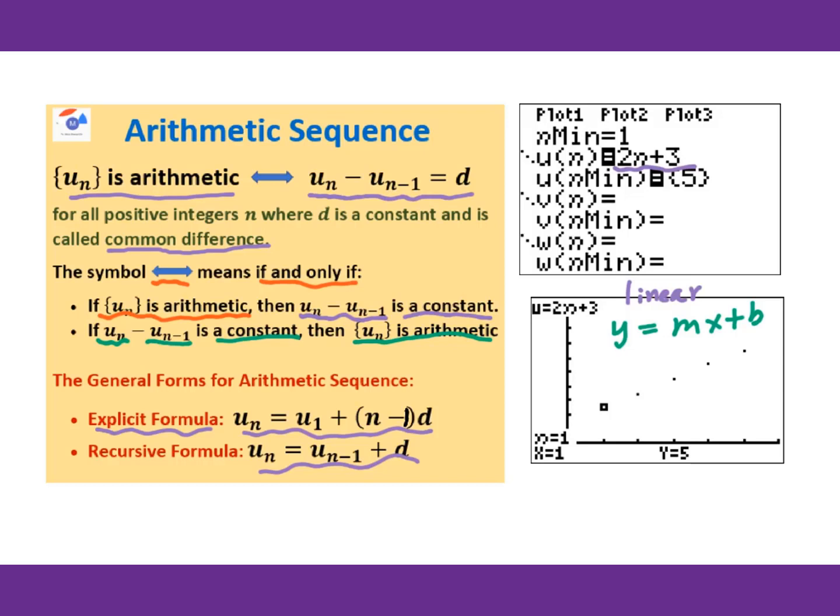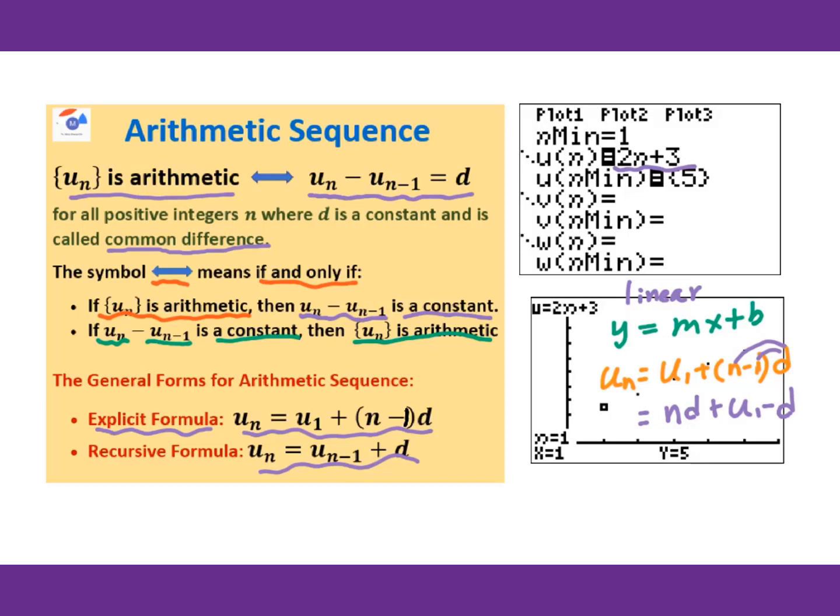When we compare y equals mx plus b to U sub n equals U sub 1 plus n minus 1 times d, then we do distributive property. You will get n times d plus U sub 1 minus d.